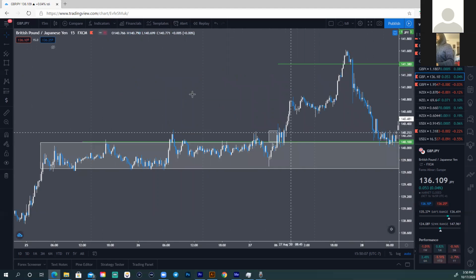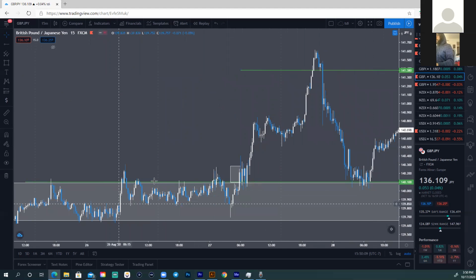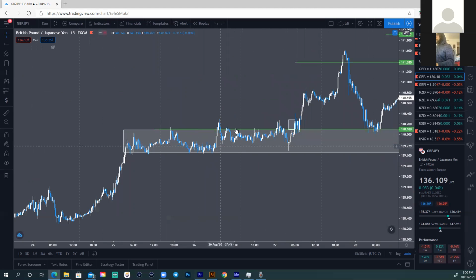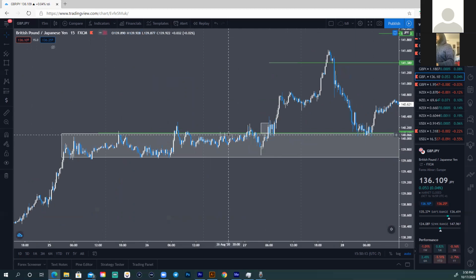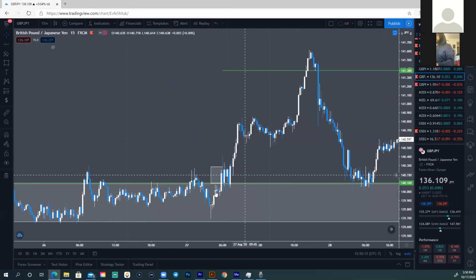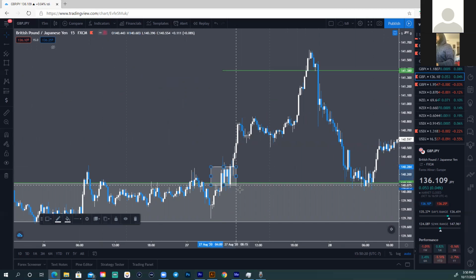What do you see? You see price is respecting and ranging in between two levels right now, right? It finally broke off of this candle. Right? This candle right here really signifies the push to the upside.